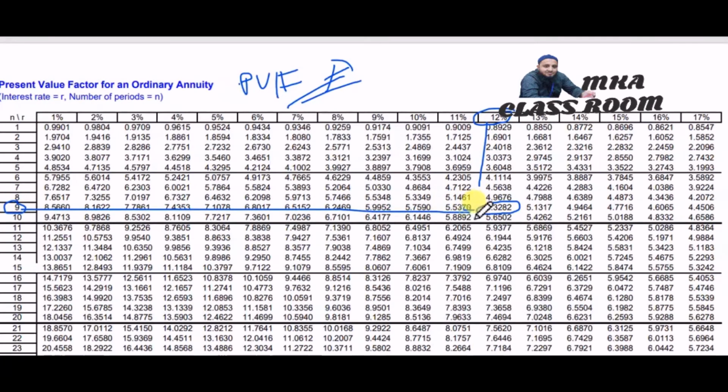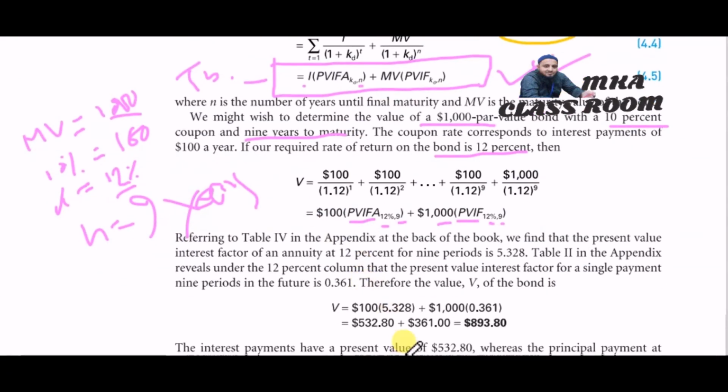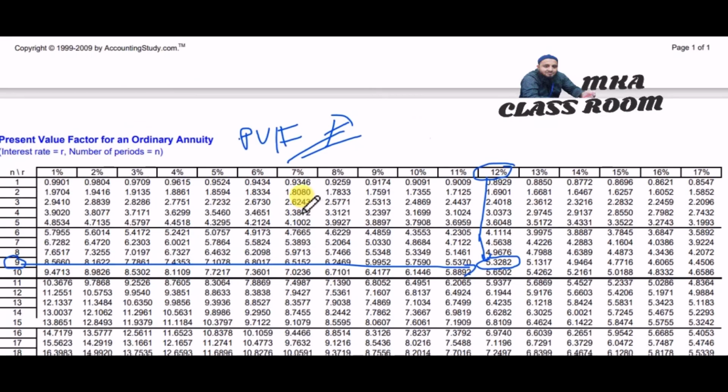The corresponding value is 5.3282. So 100 times 5.3282.